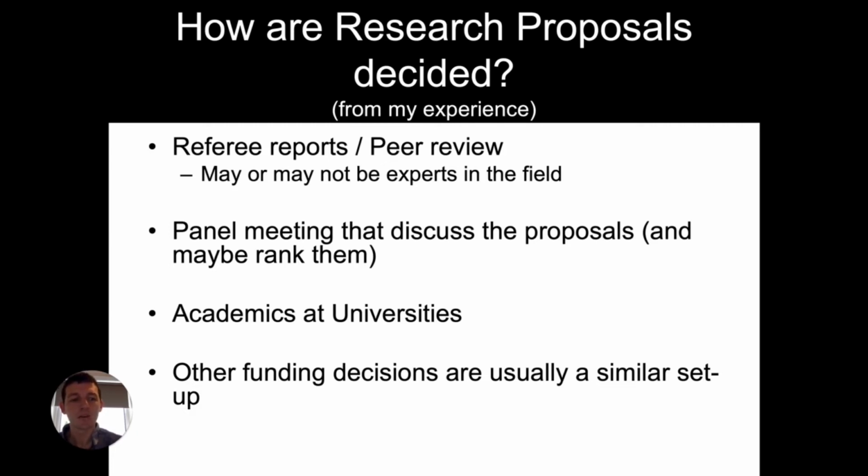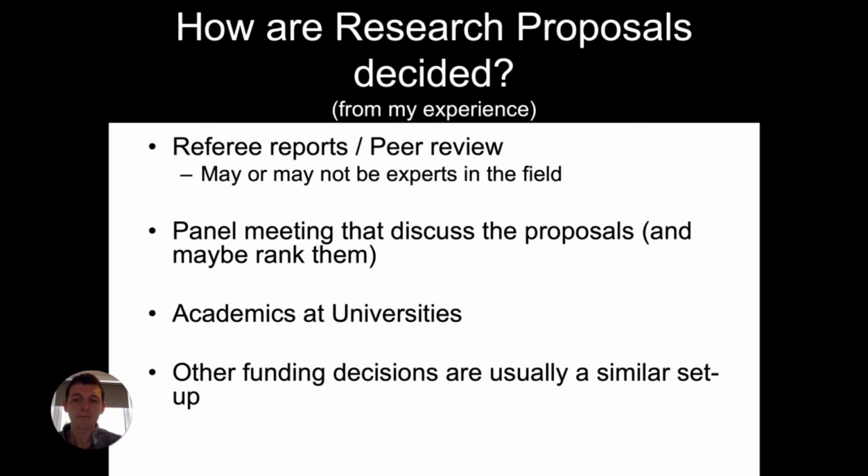These may or may not be experts in that particular field, and these reports are then sent in and considered by a panel. So a panel meets to discuss the proposals, and each proposal has someone who gathers the referee reports together and presents a summary of that proposal to the panel for discussion.